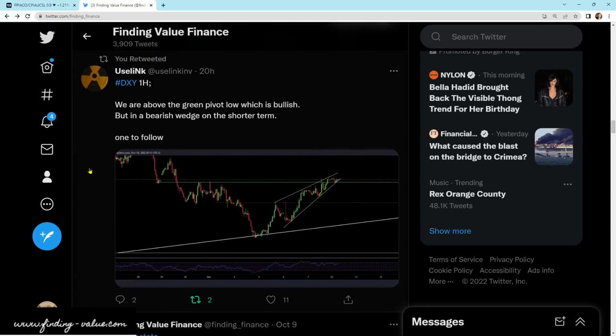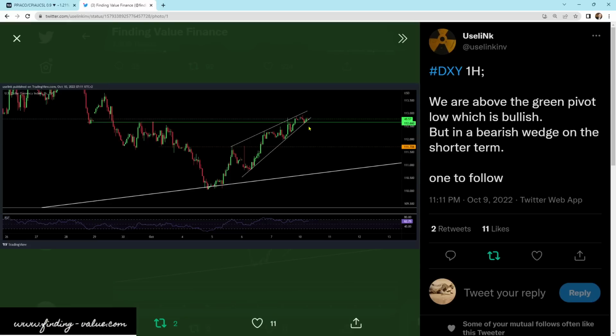This is the DXY. We are above the green pivot low, which is bullish, but in a bearish wedge on the shorter term. Could this break lower as this thing squeezes up? I think so. And if you go in and look real close, we came with a good pullback, and now we're kind of struggling to go higher. I think the sellers are in control.